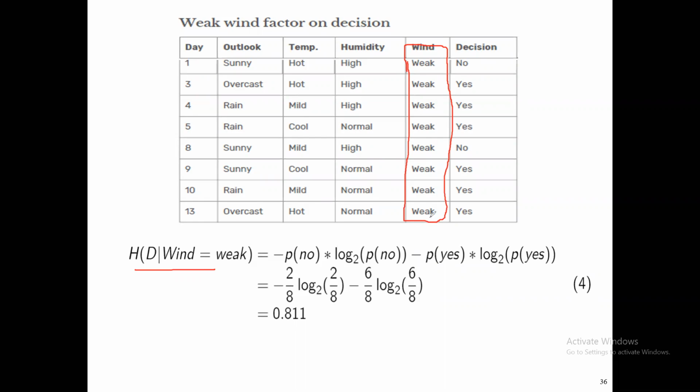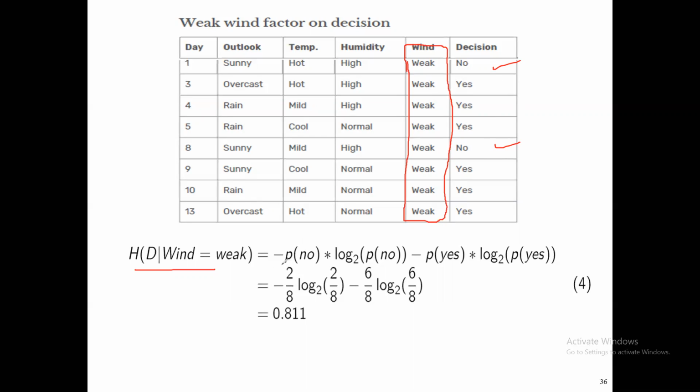We can see that for wind equals weak, there are only 2 no values, and all the rest, 6 values, are yes. So using the entropy formula, we can again easily find out the entropy of the decision.